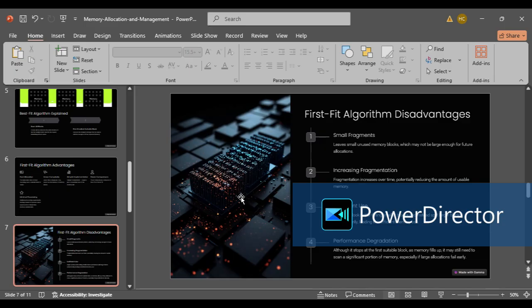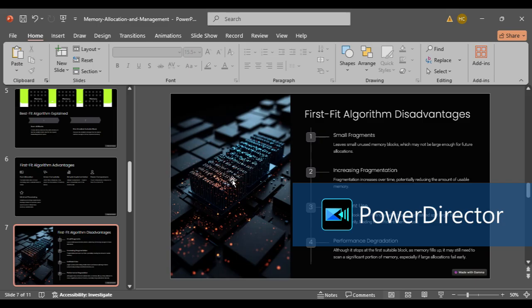first fit algorithm. One is that the first fit algorithm leaves small unused memory blocks, which may be large enough for future allocations. In the first fit, we saw that it was leaving 272, leaving blocks which could sum up to accommodate a future process.